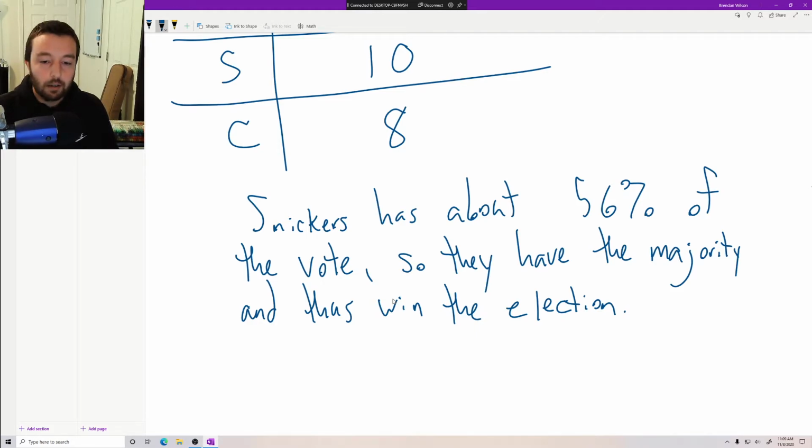Okay, so I don't know how commonly this is used. I mean, it's a valid voting method. I think a lot of the time when you have some sort of runoff election, instead of just bumping up the choices like we did here, a lot of times you just do a completely new vote.